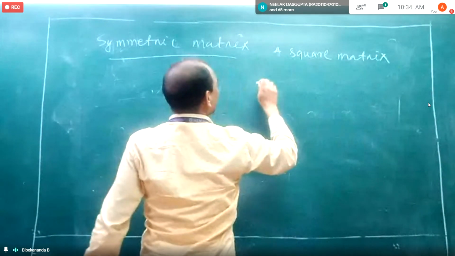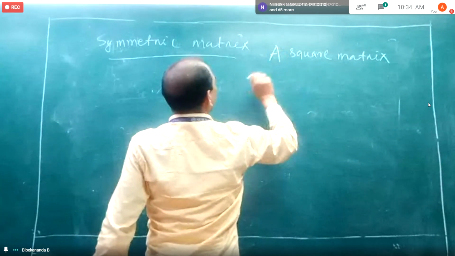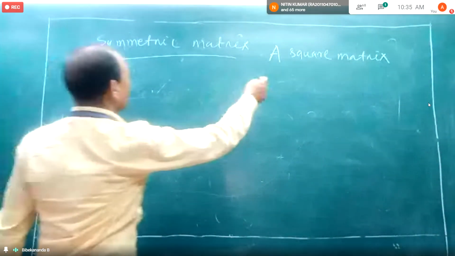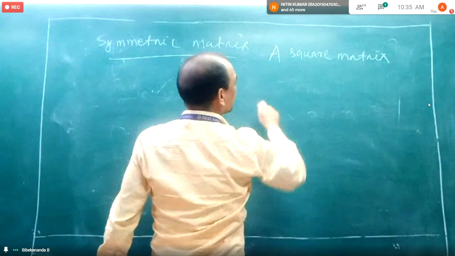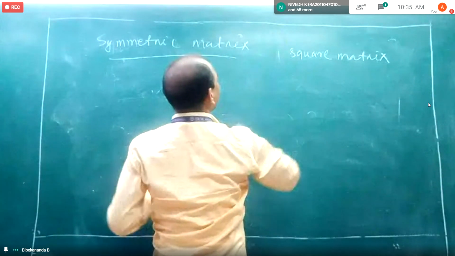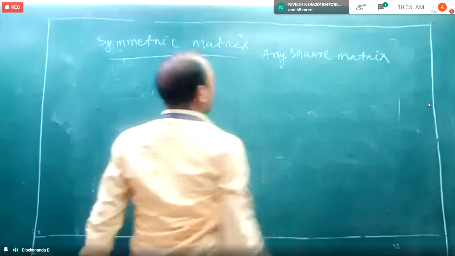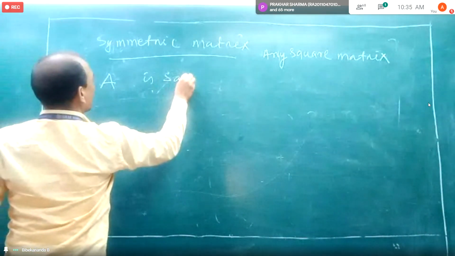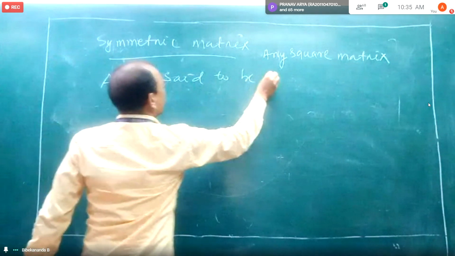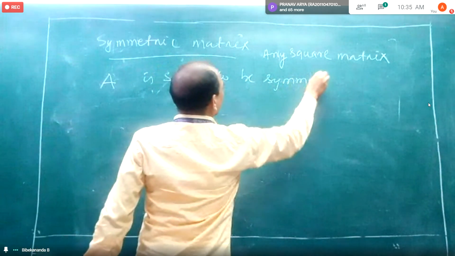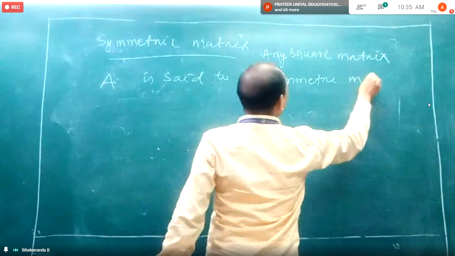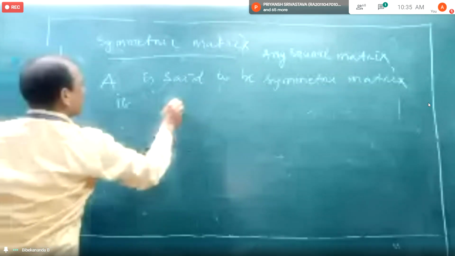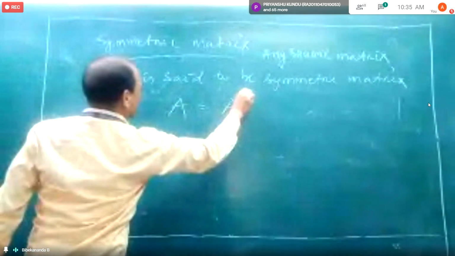You write: any square matrix A is said to be a symmetric matrix if A is equal to A transpose.